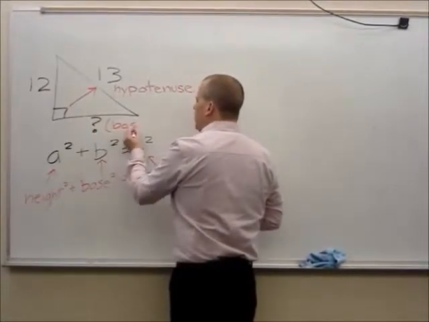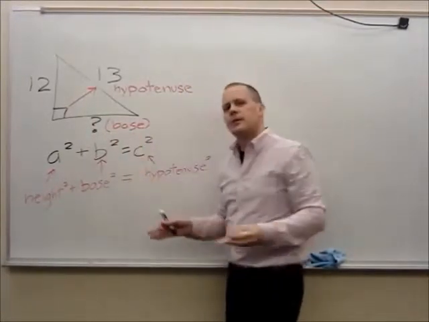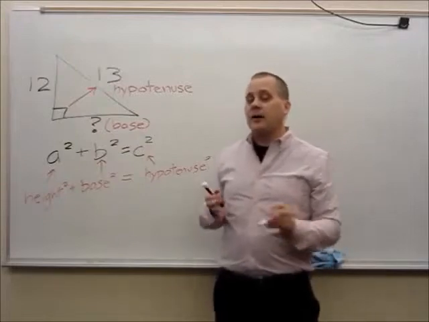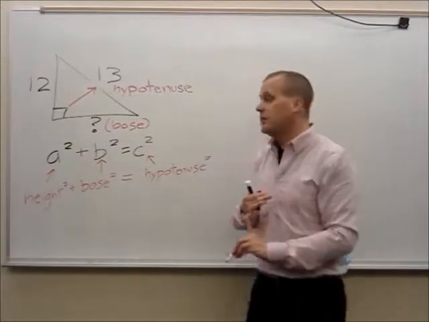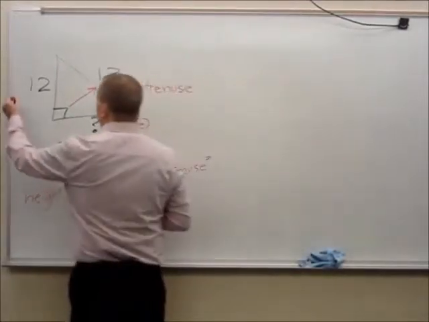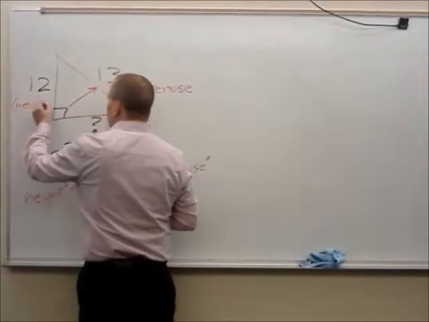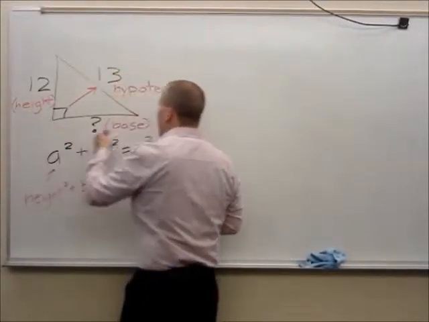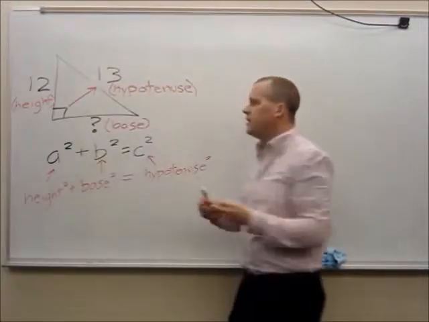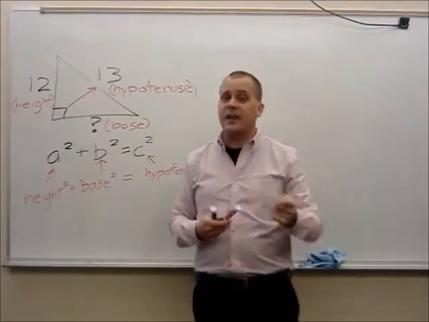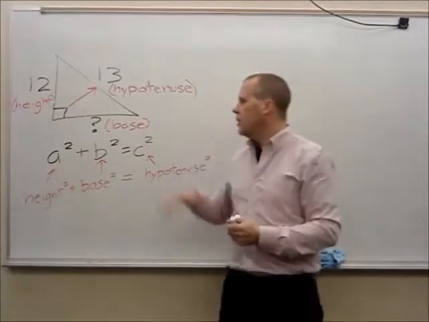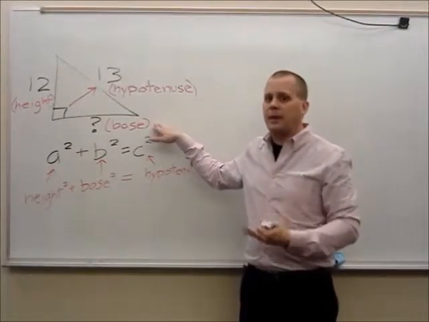And so if I know the bottom is the base, and I know the hypotenuse, then the third side length has to be my height. So now that I know what I have, I've got the height and I've got the hypotenuse. What I need to do is figure out what the base is.